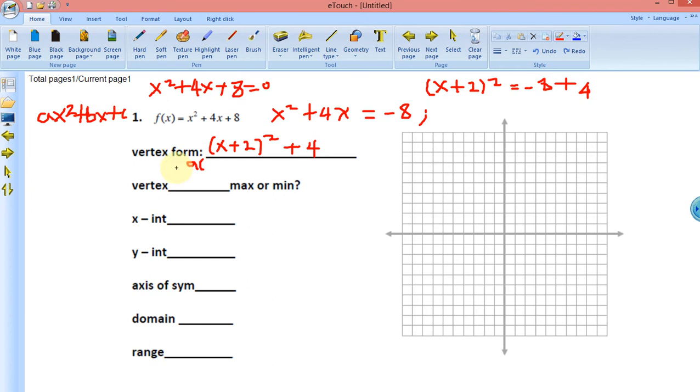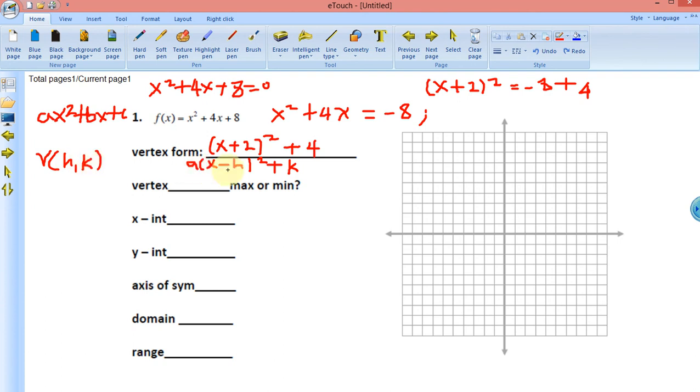Also, the standard form of a quadratic function is what I want to show you now: a into x minus h all squared, then plus k. And from there we also have the vertex. The vertex is where the graph starts from, h comma k. So that means I need to find the values of h and k.